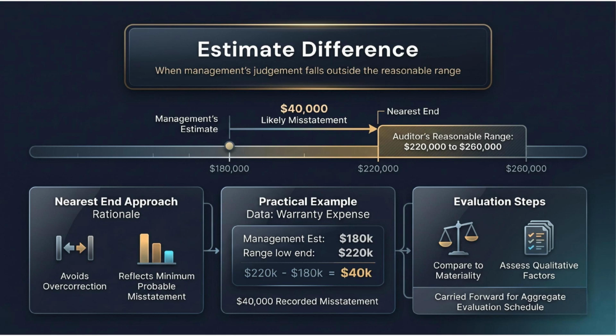The likely misstatement is $40,000, which is the difference between management's estimate and the nearest end of the auditor's reasonable range. We do not automatically jump to the midpoint. The nearest end approach avoids overcorrection and identifies the minimum likely misstatement that must be evaluated.